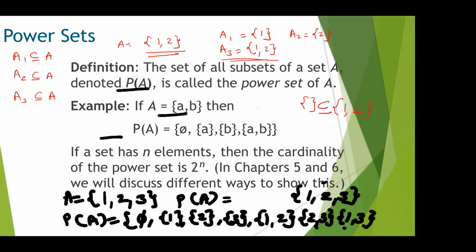So if we consider that our A4 is equal to the null set, then we can say that A4 is also a subset of A, or in other words, the null set is a subset of 1, 2. Okay? If we have nothing and if we are having something, then that is going to be a subset of anything a set has. So the null set is also a subset of itself, because subset does allow equality. So for 2 elements, we can have 4 possible subsets.